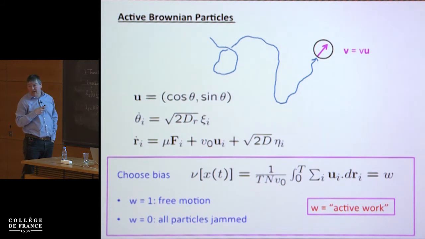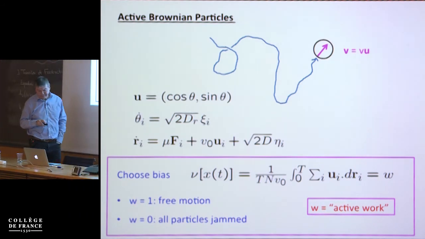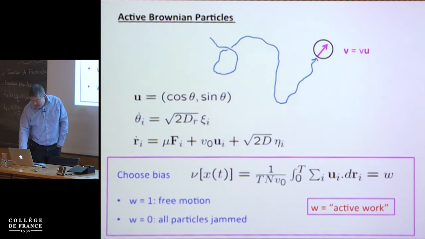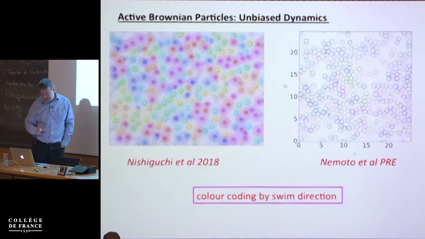If they collide and crash into each other and form these arrested clusters, it will be much smaller. So at one of these extremes, I have free motion. This is designed to be 1 in that limit, and it's 0 when all the particles are essentially unable to move. So that is a bias that one can think of as controlling the collisions or otherwise between the particles.